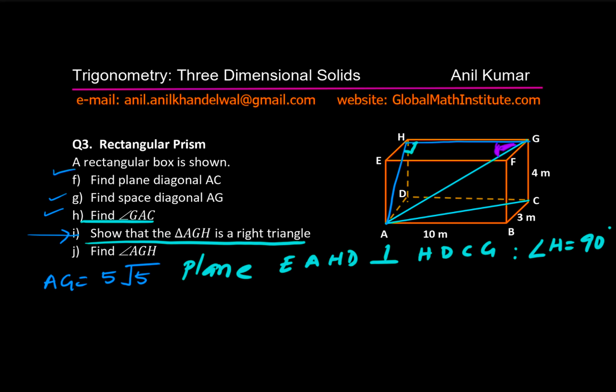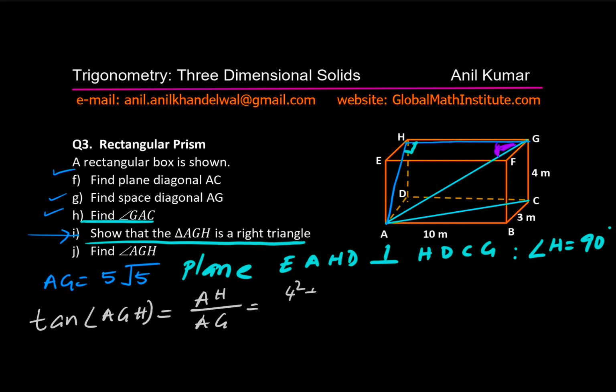So we have tan theta, which is tan of angle AGH, equals the opposite side, which is AH, over the diagonal, which is A to G. Now AH is what? We have to find this out. It is 3 and 4 and 3, so that gives you 5.